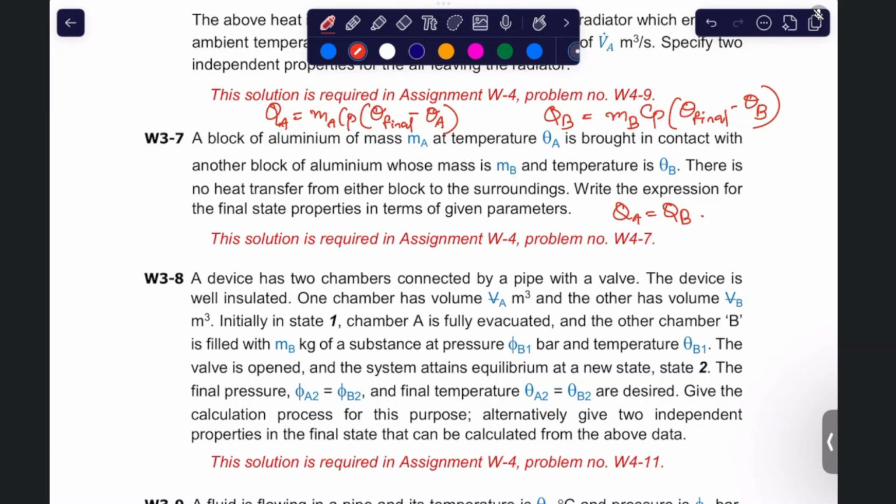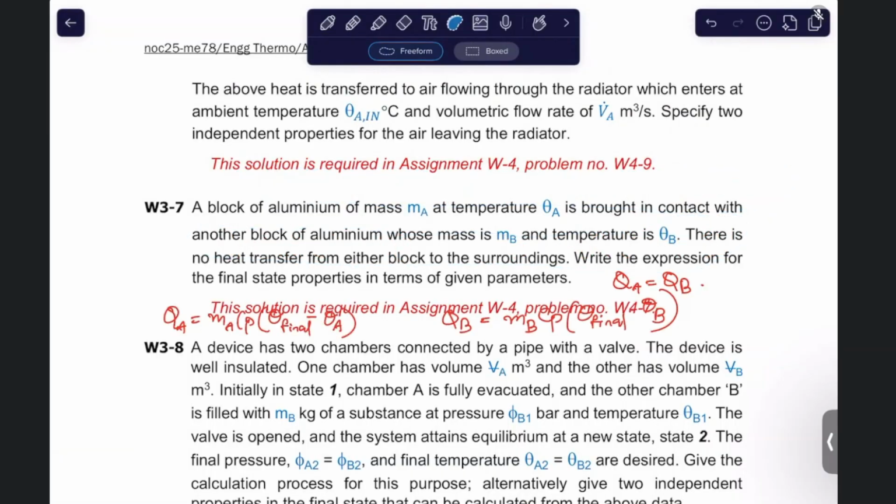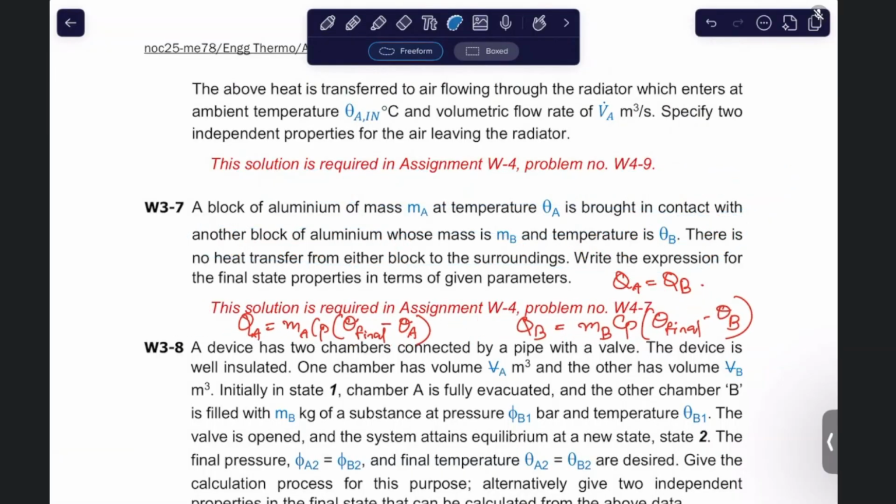So only Ma, Mb, theta A, theta B will be left. You can find an expression for theta final in terms of theta A, theta B, and Ma and Mb. Okay, that's it. Then question number 3.8. Just a second, we'll keep it over here so that there won't be confusion.